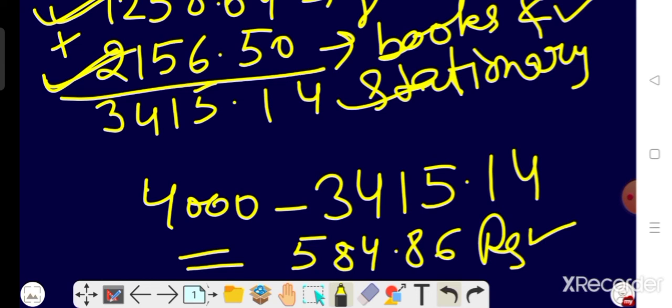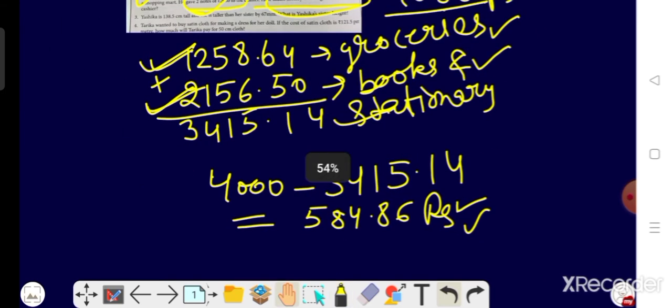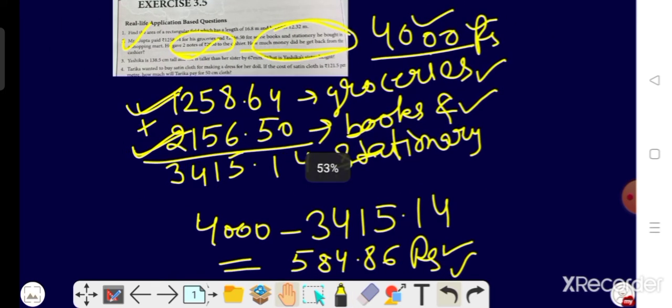So this is the amount that he gets back from the cashier. Okay, so he will get 584.86 rupees. So this is the solution of your second question beta. I hope you will get it.